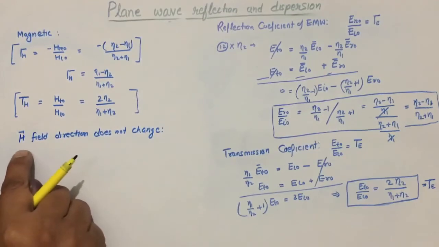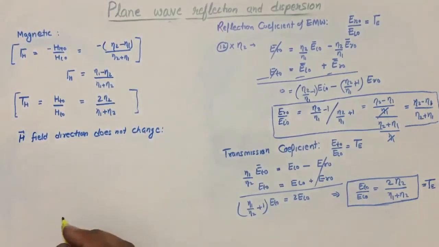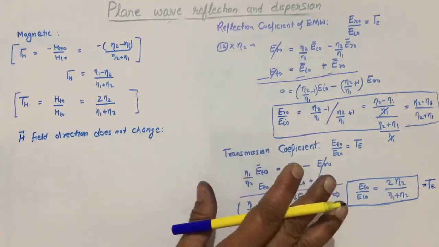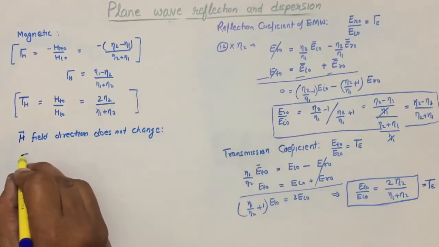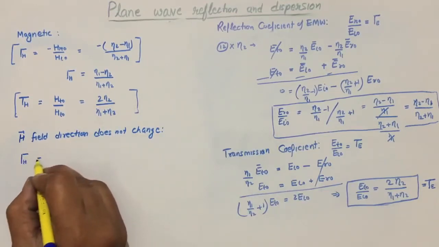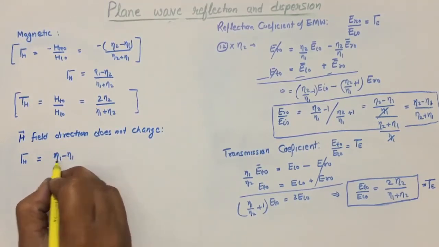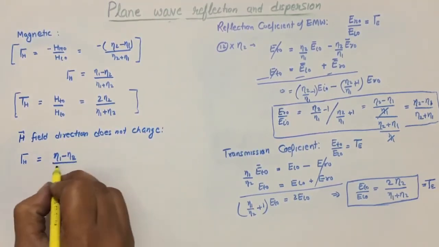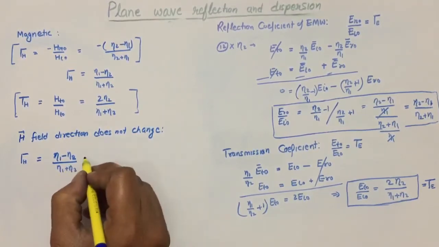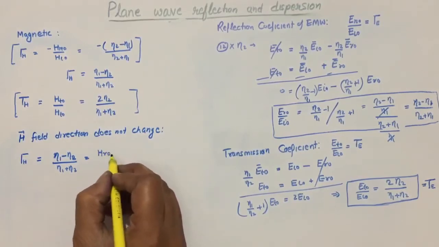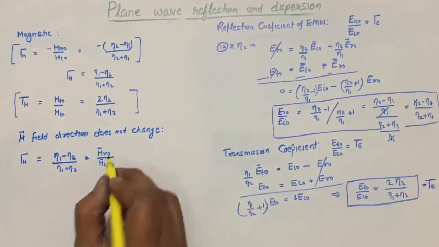Now we will consider for magnetic field the direction does not change, and for this case I'm not deriving, I'm just writing the final result. That is, the reflection coefficient will be eta 1 minus eta 2 divided by eta 1 plus eta 2, that is simply the reflection component divided by incident component.